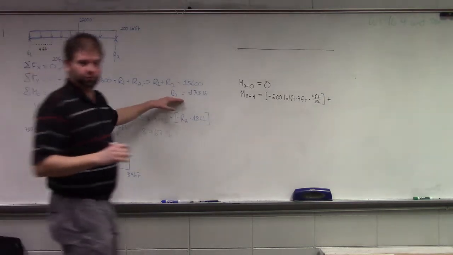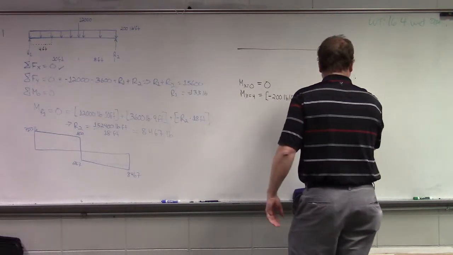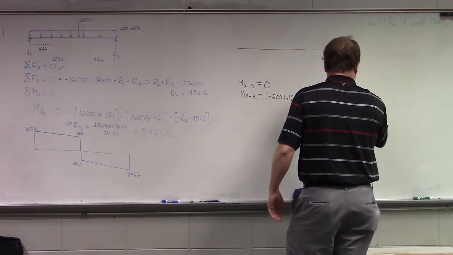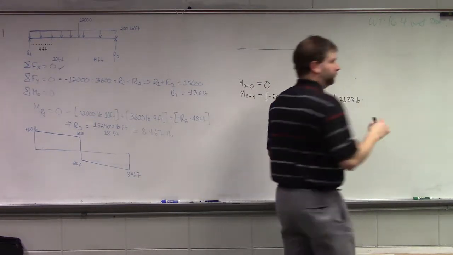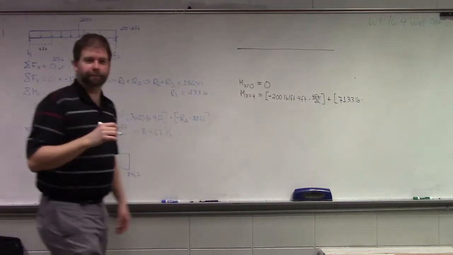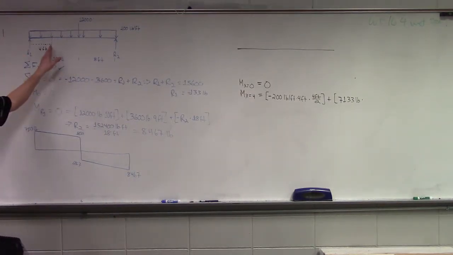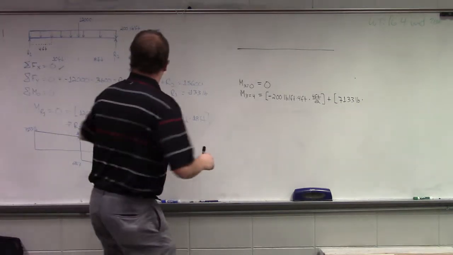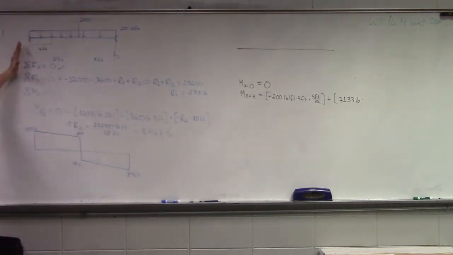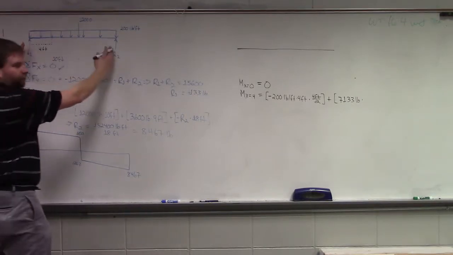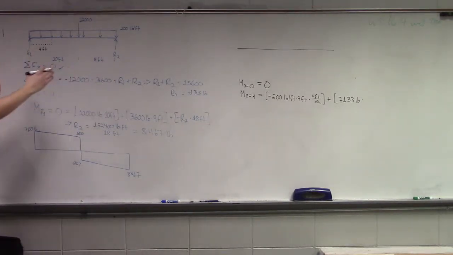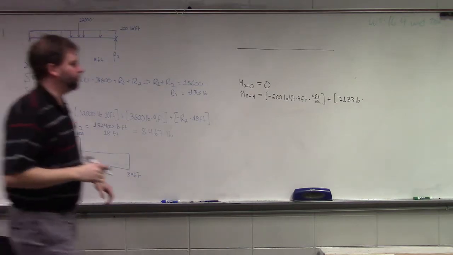Our reaction, yep. How far away is that? 18 feet. 4 feet. Careful. Oh, I thought you said R2. Nope, we're looking at, remember when we're doing bending moments, we're either moving left to right the entire time or we're moving right to left the entire time. Okay? So we're 4 feet away.